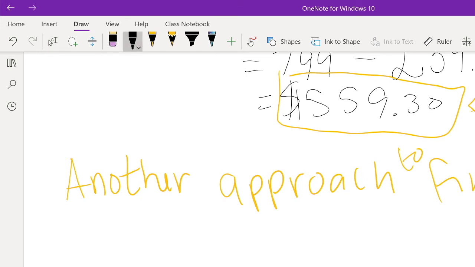So if you think of 30% off, what does that actually mean?